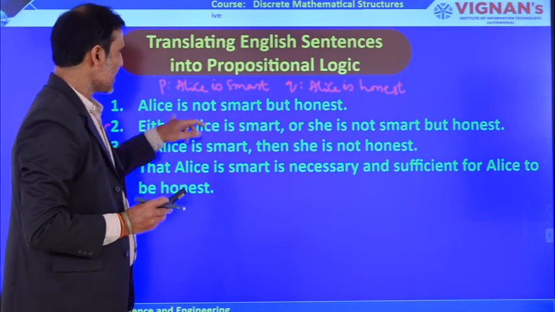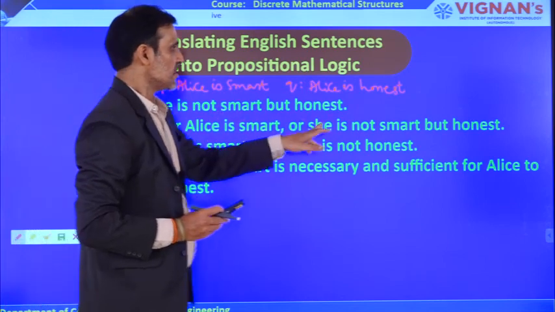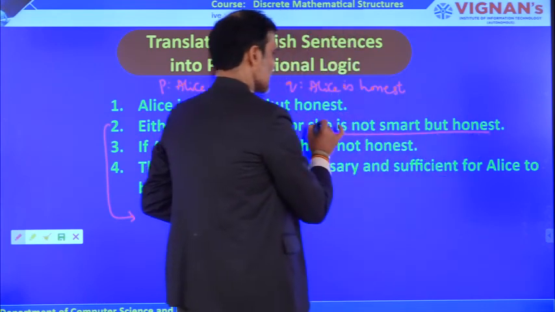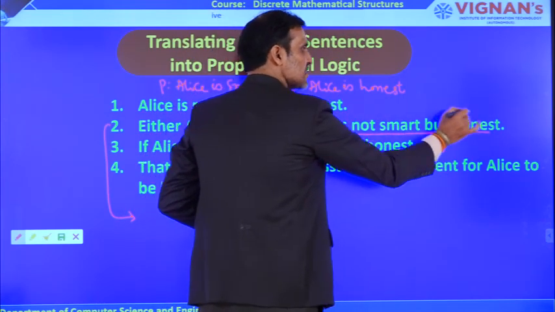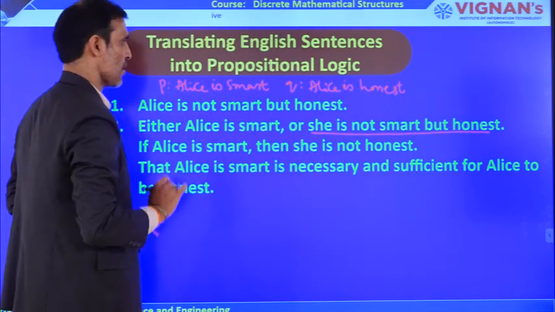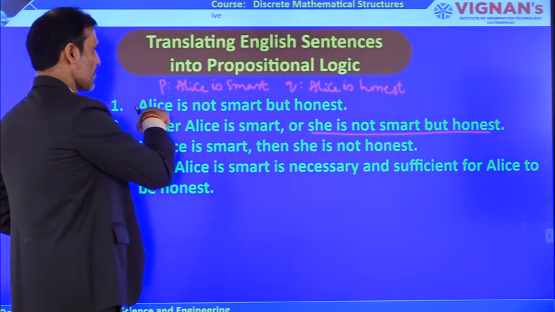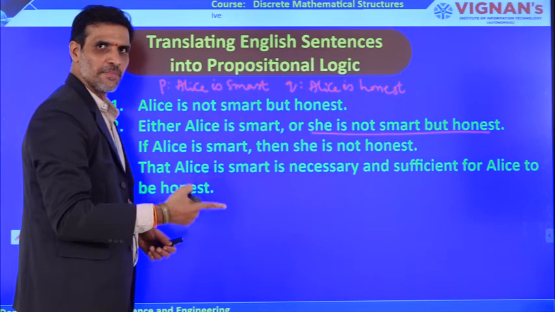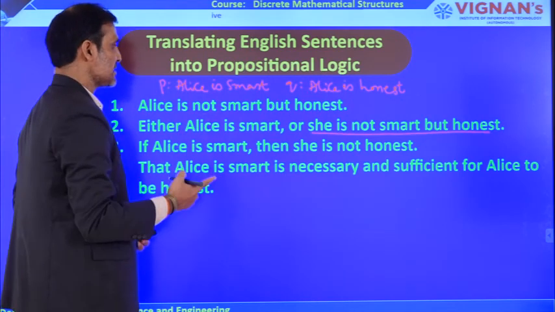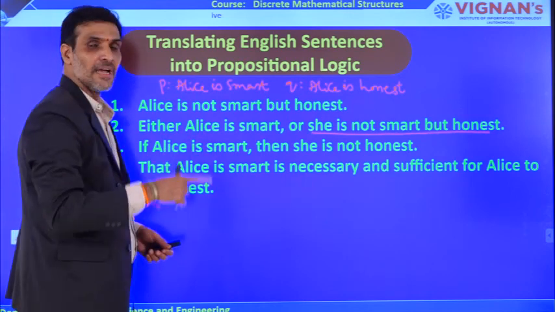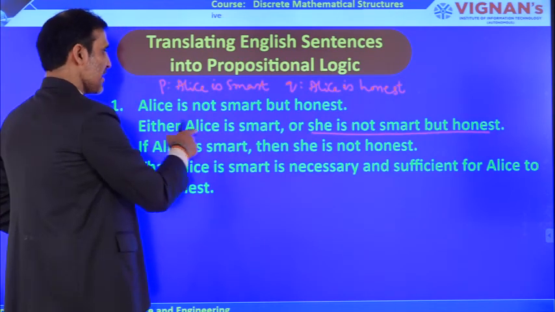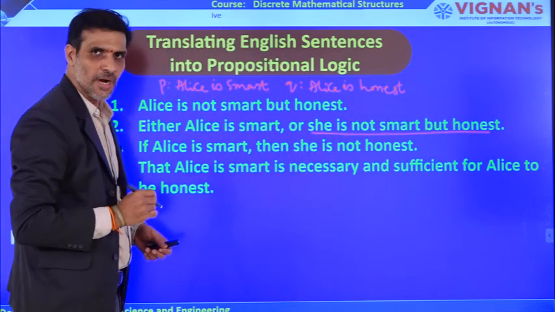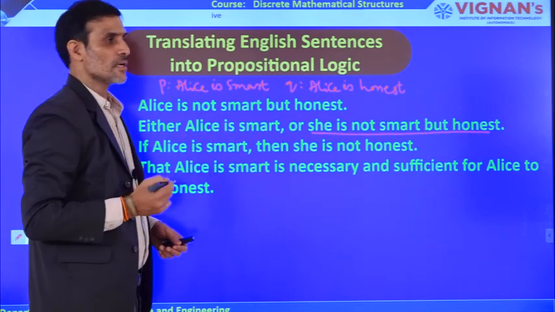Just like we wrote earlier, Alice is not smart but honest can be written as Alice is not smart and Alice is honest. In a similar way here also, she is not smart but honest is written as she is not smart and she is honest.